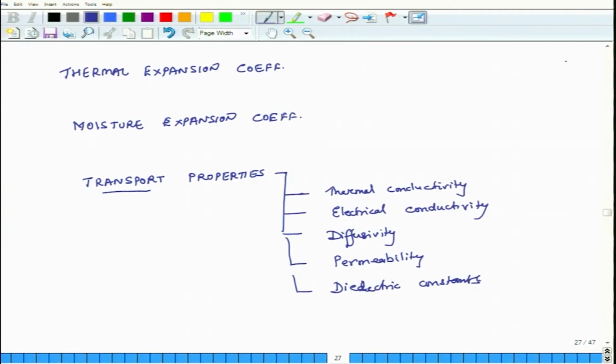So, we will look at different rules and relations which can be used to predict all these properties, because once we have this idea, then we would have truly learned how unidirectional composites behave, right.